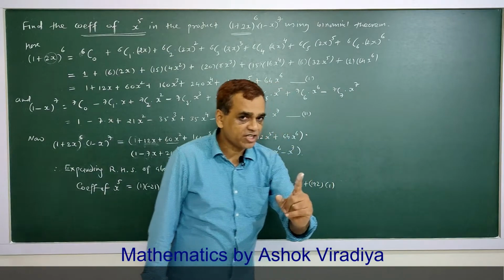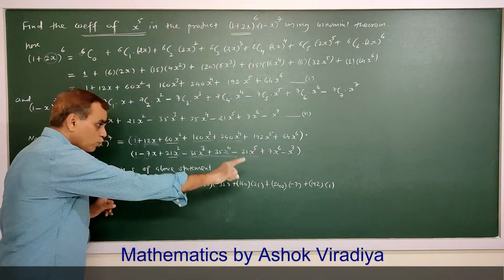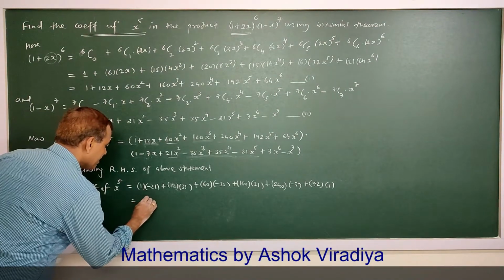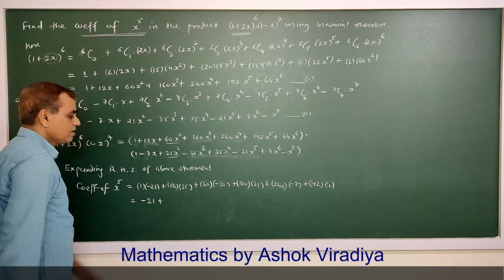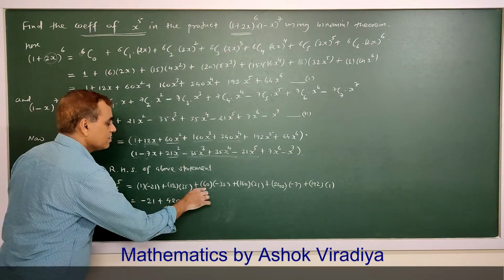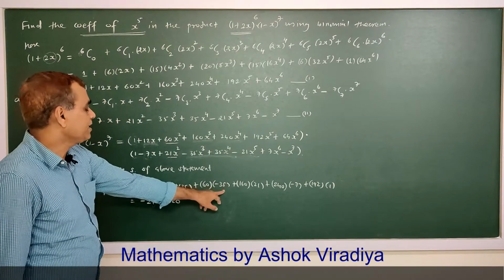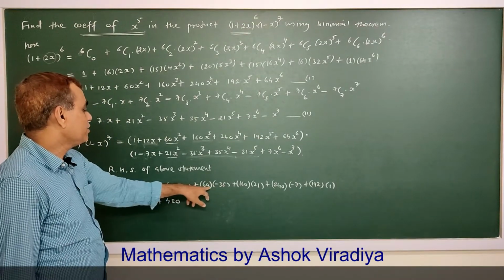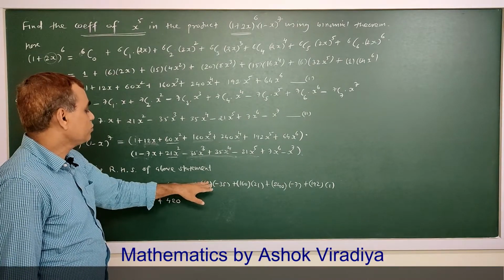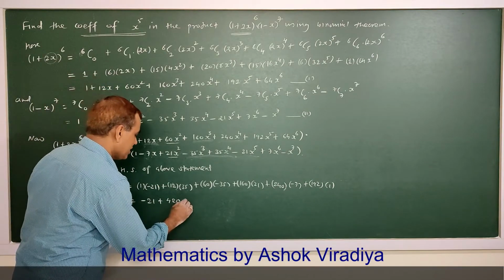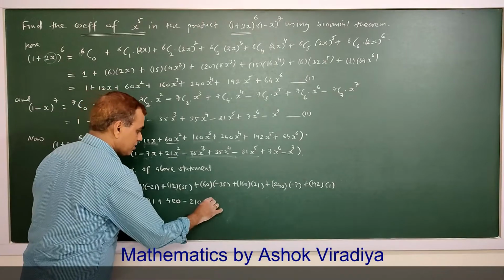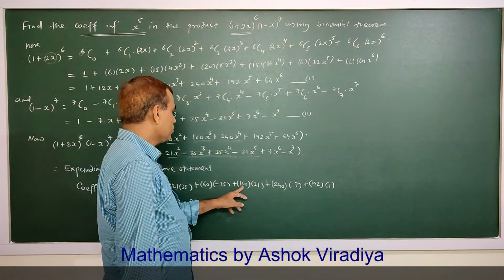So the coefficient of x raised to 5 is the sum of all these coefficients. This is equal to minus 21 plus 420, 12 into 35, then 60 into 35, that is 35 into 6, which is 35 into 2, 70, 70 into 3, 210. So this is minus 210, plus 160 into 21.